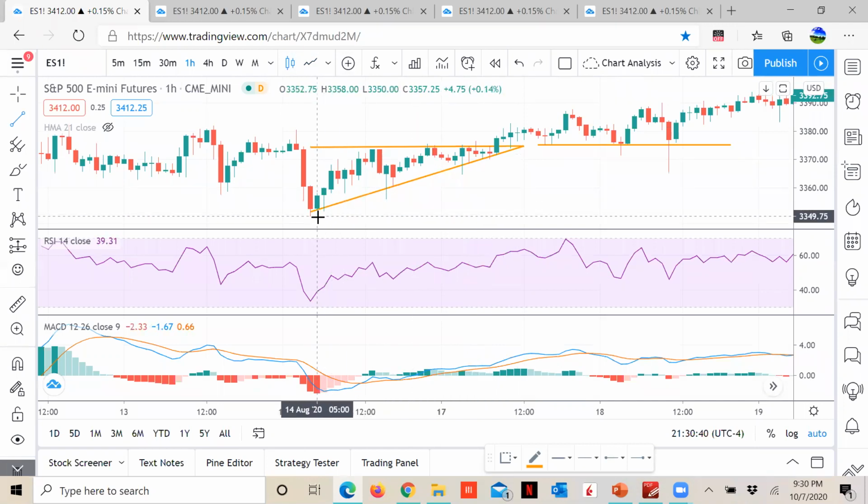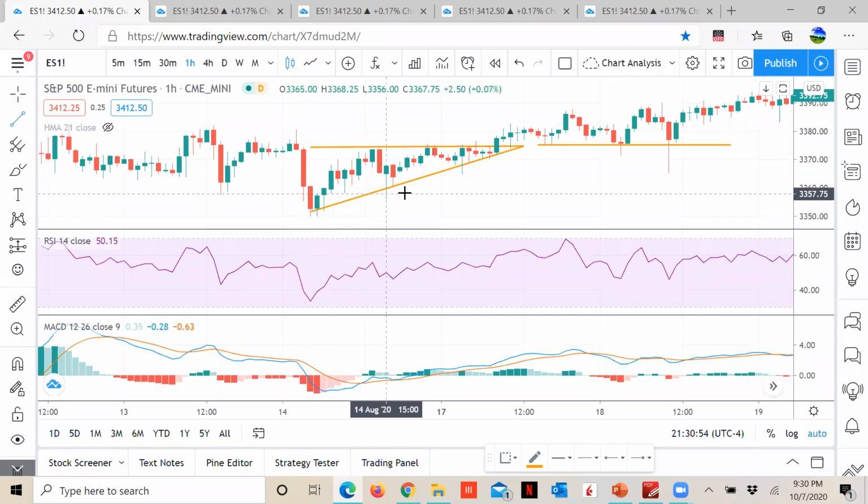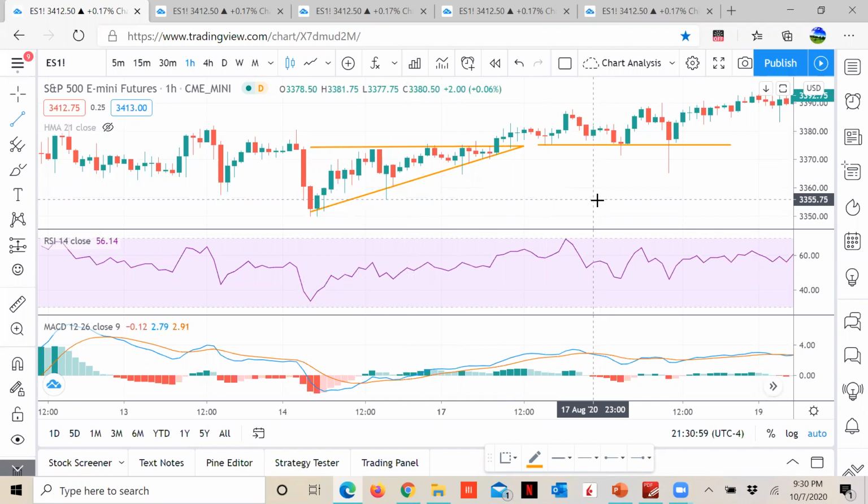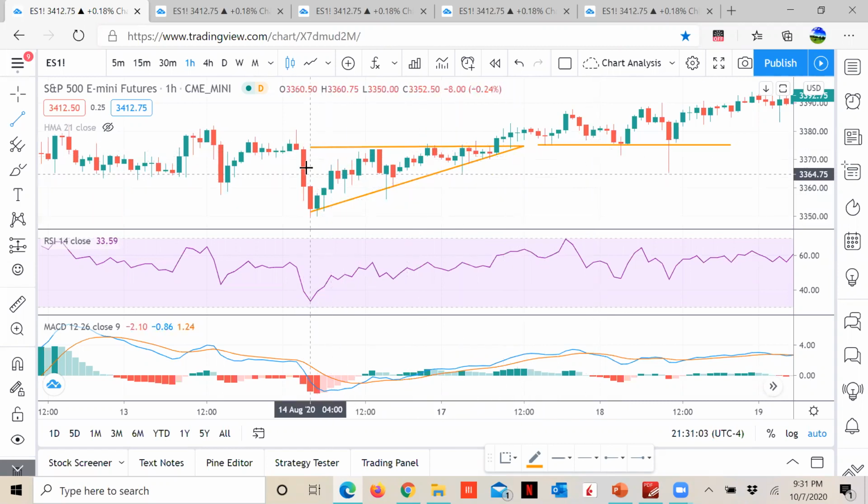Just before the session, I looked at the hourly chart. It's going back. We are in October, right? So when I came to August, this was a perfect example to share.